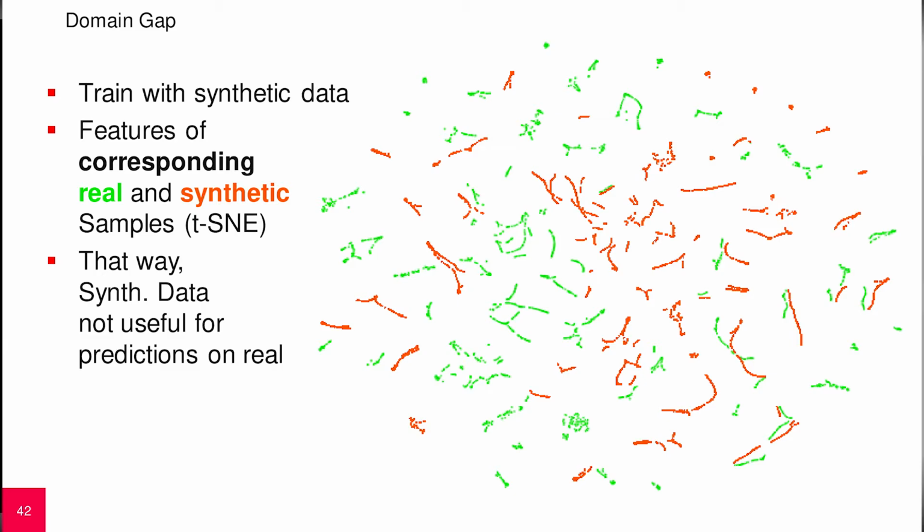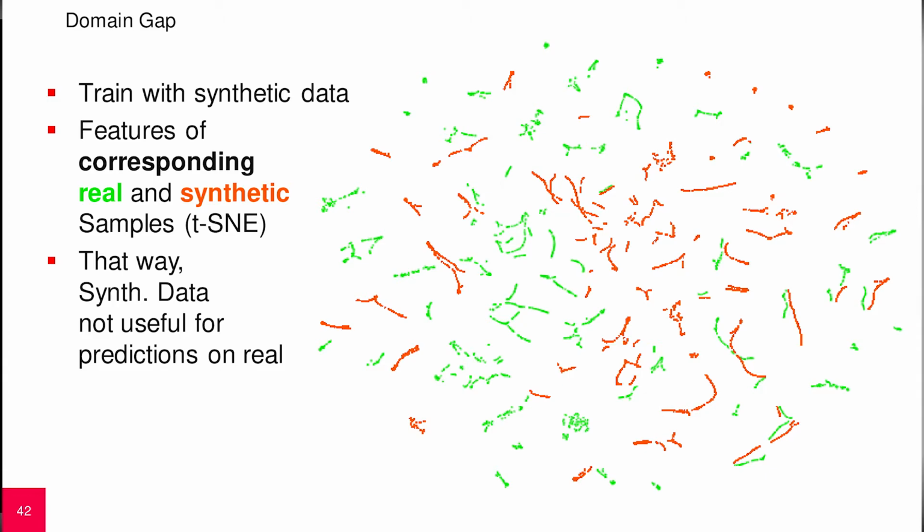Each of the orange dots represents a synthetic sample in the feature space, and the green dots represent real samples, and each of the orange dots corresponds exactly to one green dot.